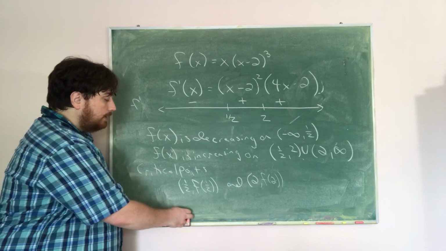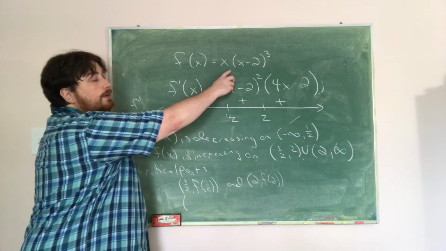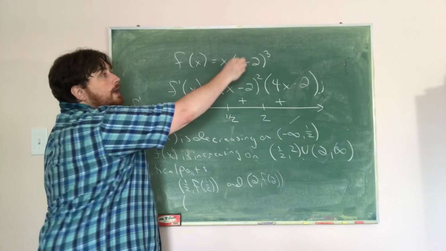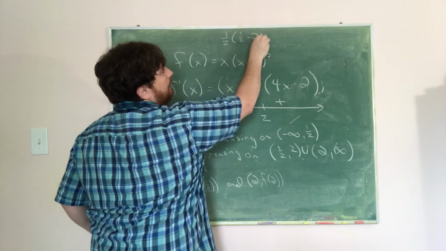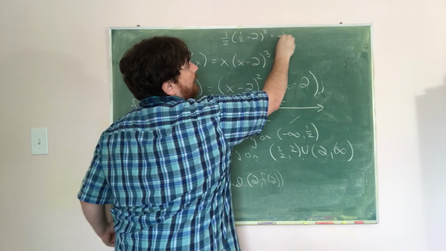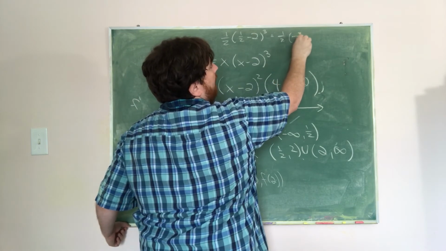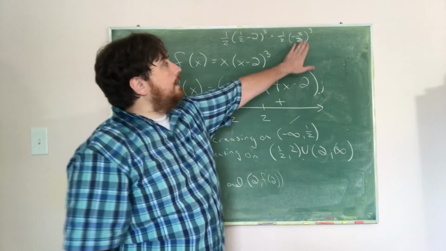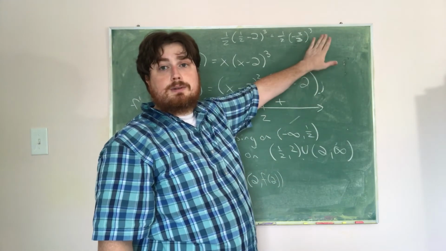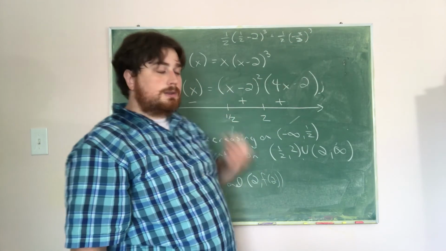So now to find those, all I have to do is plug 1/2 into the original equation, at which point I get 1/2 times 1/2 minus 2 cubed, is 1/2 times negative 3/2 cubed. And so if I cube that, I get 3 cubed is 27, 2 cubed is 8, times 2 is 16.